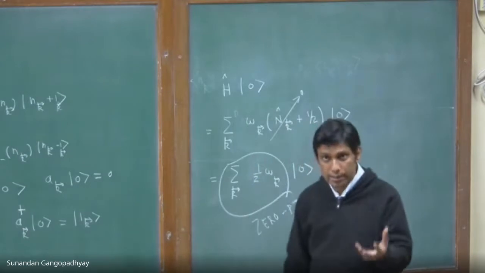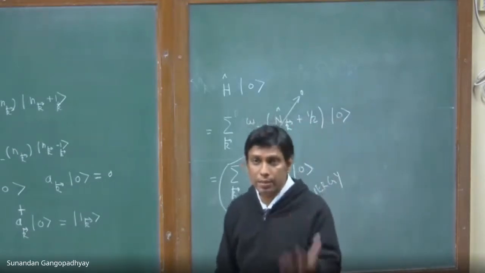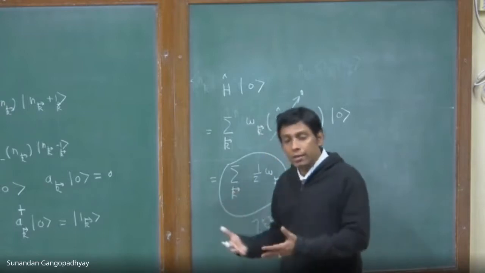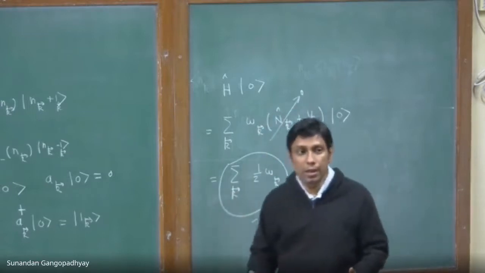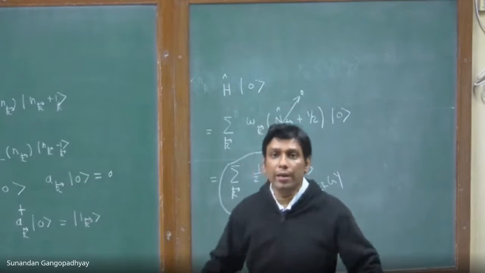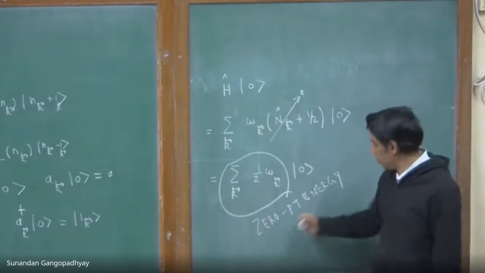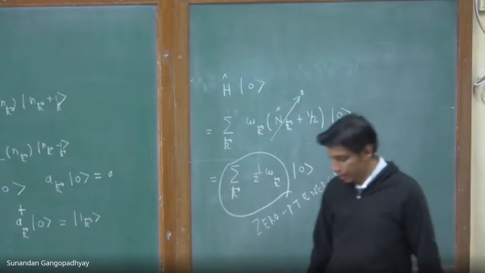The ground state has some finite amount of energy, and that is called the 0-point energy. But in field theory, again the ground state has some energy, but that energy is not finite, it is infinite because of this structure. So this is the 0-point energy of the ground state.